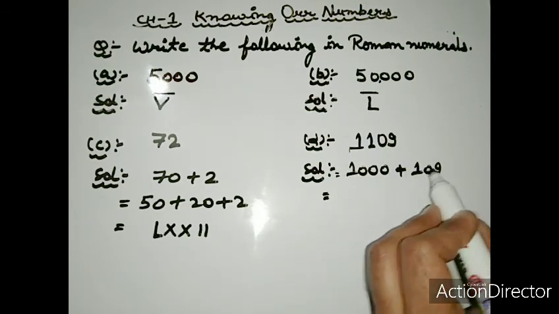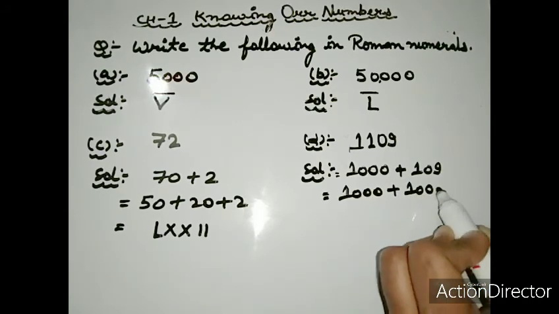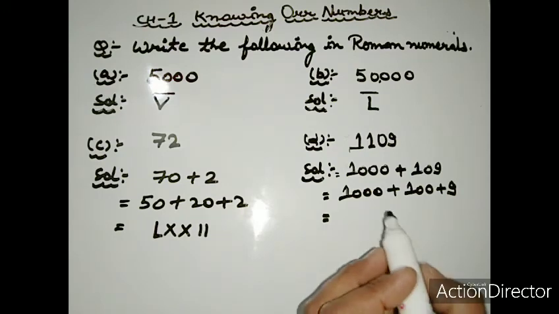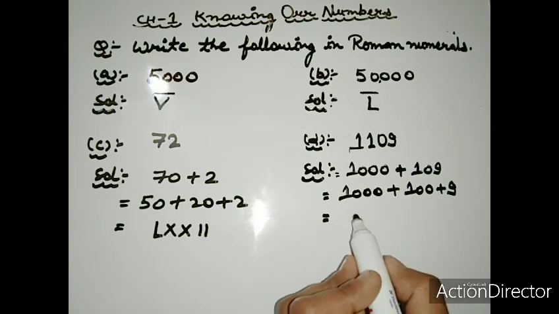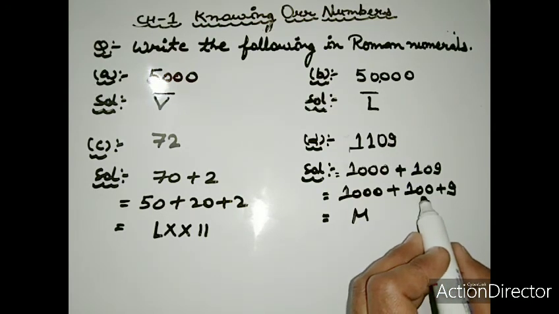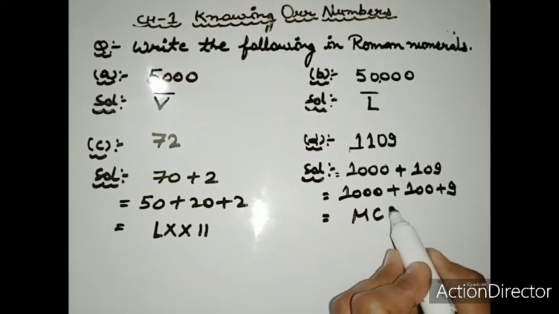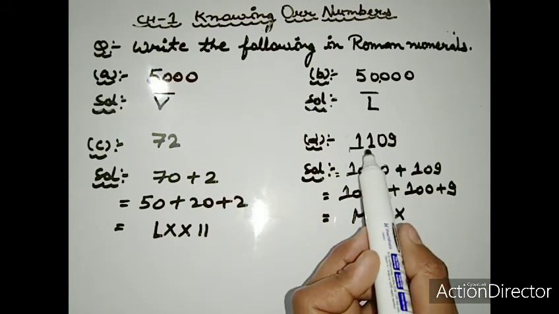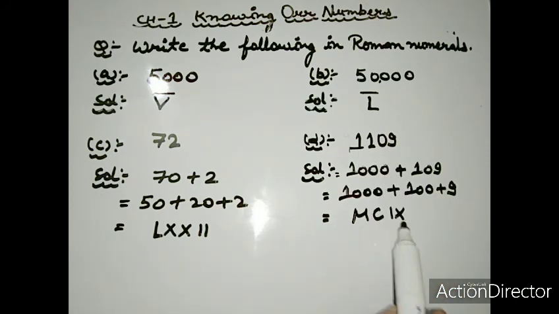Now here we again separate 100 from 109, then 100 plus 9. So here we represent 1000 by using the symbol M, and for 100 we use C, and for 9 I and X. So here we write MCIX. So the Roman numeral for 1109 is MCIX.